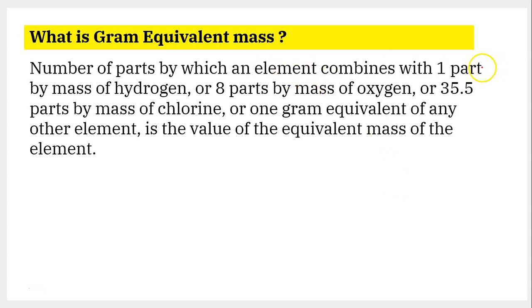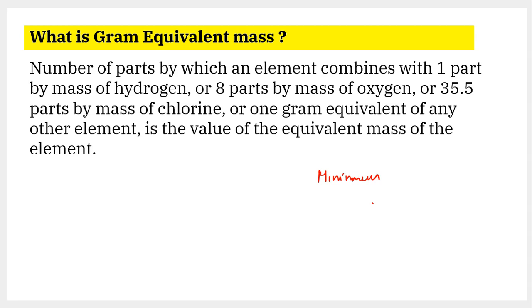Gram equivalent mass, by definition, is the minimum amount of mass which is required to participate in a chemical reaction. The way we have passing marks in an exam, the minimum number of marks which are required to pass in an exam is called passing mark, right? Similarly, the minimum amount of mass which is required by any element to participate in a chemical reaction is called gram equivalent mass. That's one definition.